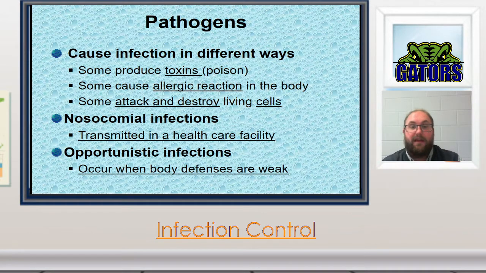So then we have what we call nosocomial infections. These are infections that people pick up while at a hospital, while they're visiting people at a hospital. Then there are opportunistic infections. Opportunistic infections are what happen when a body's immune system is weak and a pathogen, a microorganism, leaps at that opportunity to get into a host and grow when the defenses are weak and the body cannot protect itself.